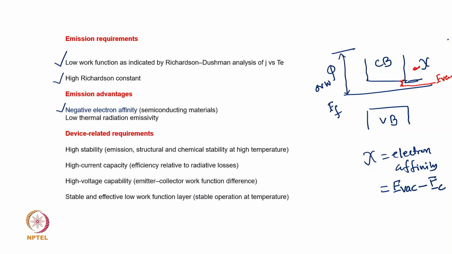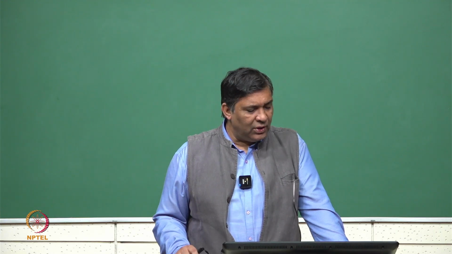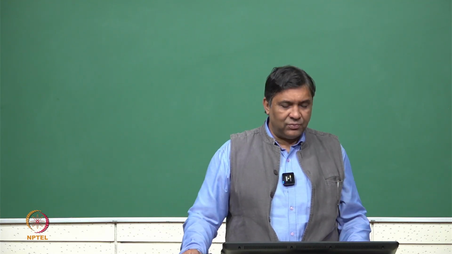So, this negative electron affinity will help to generate electrons. So, the negative electron affinity surface is another very important parameter for thermionic emission, and when we discuss the material issue, we will discuss the negative electron affinity surface.